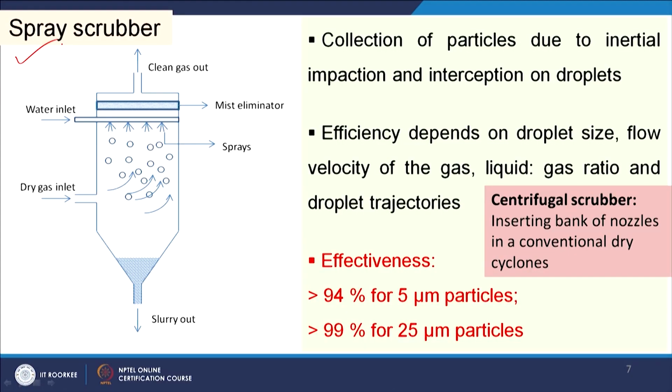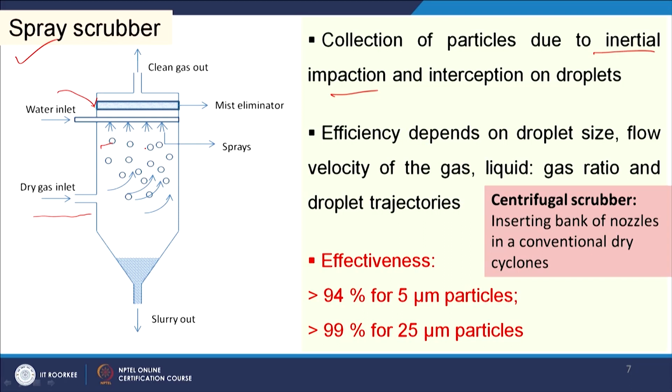In this spray scrubber, dry gas enters at the bottom and water is injected at the top, and there is interaction between the droplets and the particulates. The mechanism is inertial impaction and interception on the droplets. This is the mechanism of separation of the particulates from the syngas in the presence of water droplets.